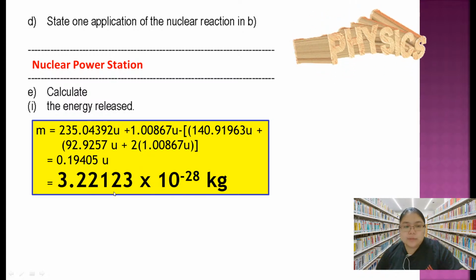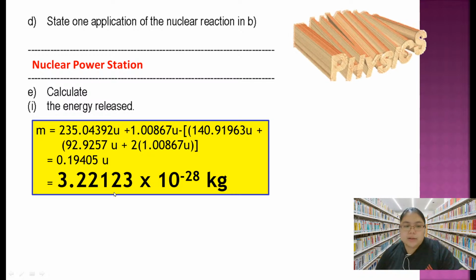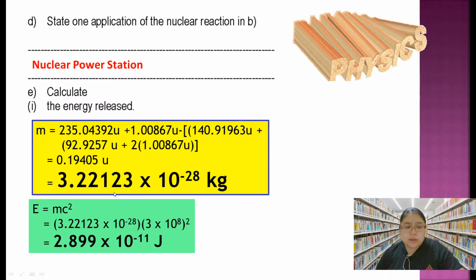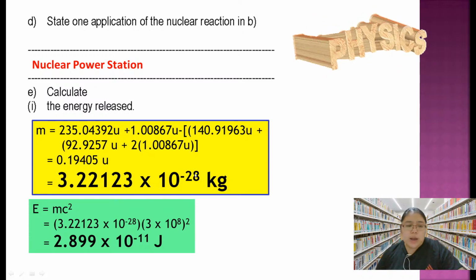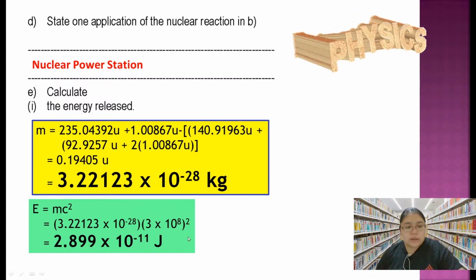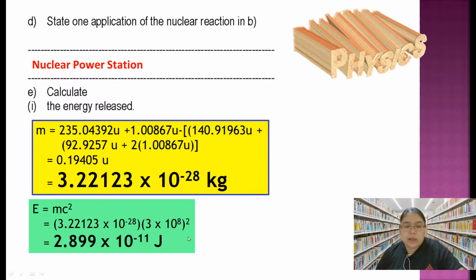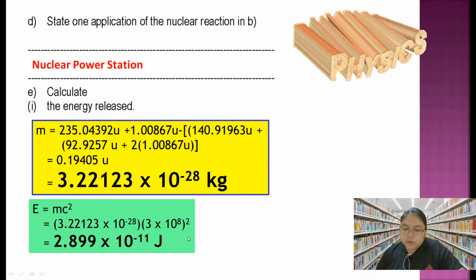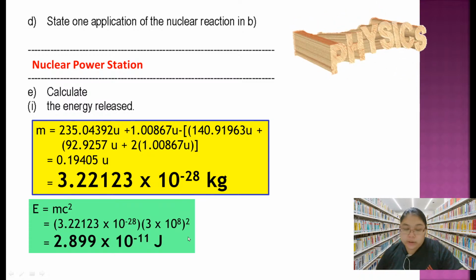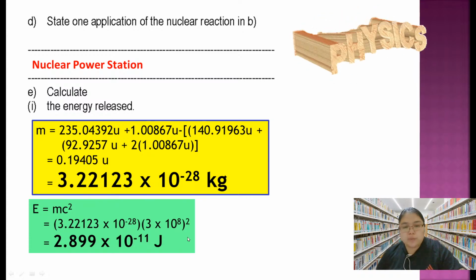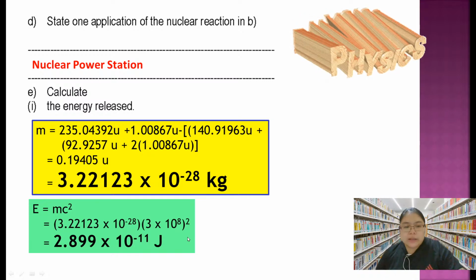After getting the mass defect, I need to find the nuclear energy, E equals mc squared. I take this part, then times 10 to the power of 8, squared. So I get 2.899 times 10 to the power of negative 11 joules. This is how to do the calculation for nuclear energy. The numbers are so long, so when you press the calculator, please press carefully.